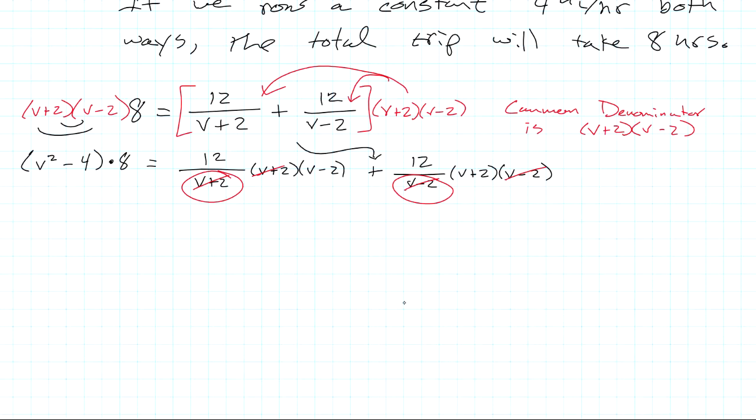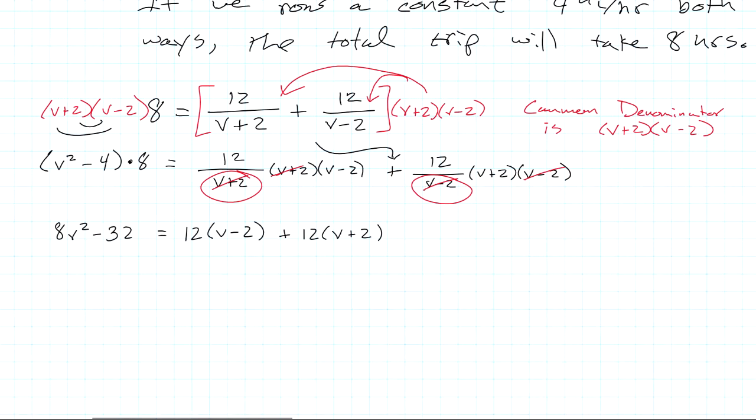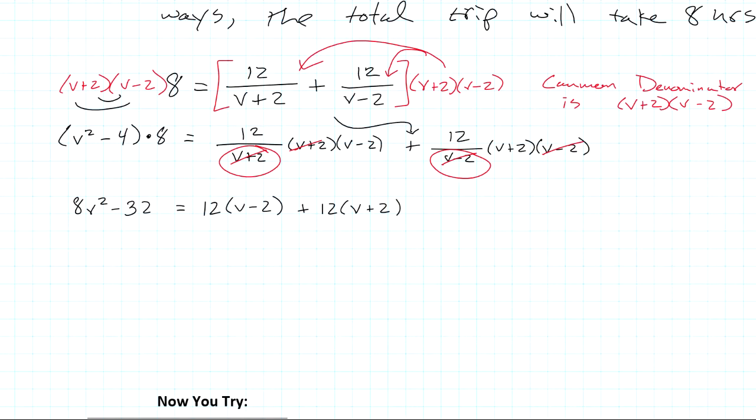On the left side, we'll now have 8 times v squared minus 4 times 8, which is 32. On the right side, we'll have 12 times v minus 2 plus 12 times v plus 2, after canceling the v plus 2 on the first fraction and the v minus 2 on the second fraction. All right. I think I'm going to need a little more space here. Let's go ahead and do that real quick.